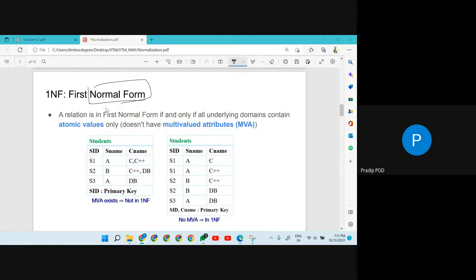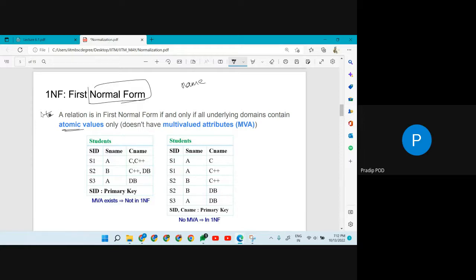So this is the condition in the first normal form. A relation is in first normal form if and only if the underlying domain contains atomic values. Atomic value means that the value is not divisible into any further components, right? For example, you can say name.